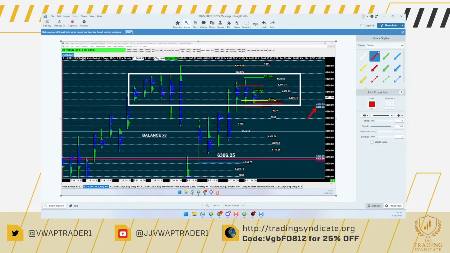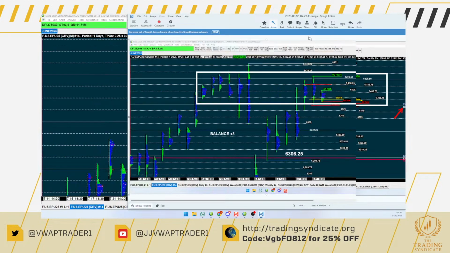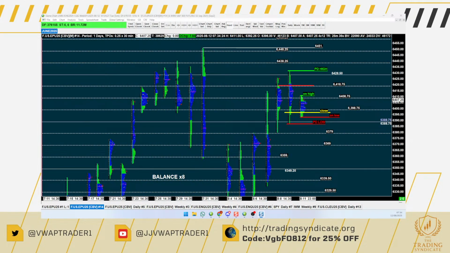That concept of rotation is important, okay? So what do we do? We trade the edges. For longer size traders, you want to find a balance area and trade the edges of it. And for us scalpers, we'll go back to our 1 minute chart and just keep doing what we're doing. So let's go take a closer look.